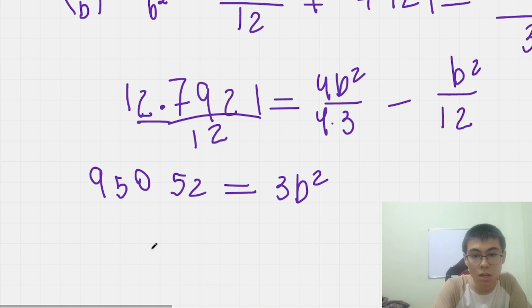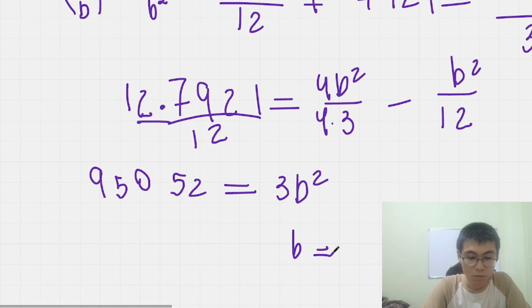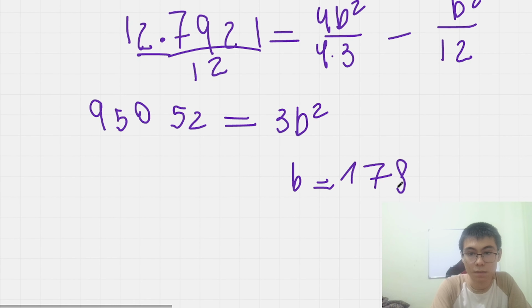So from here, b equals, let me use my calculator to solve it, the square root of 95,052 divided by 3. So we get 178.